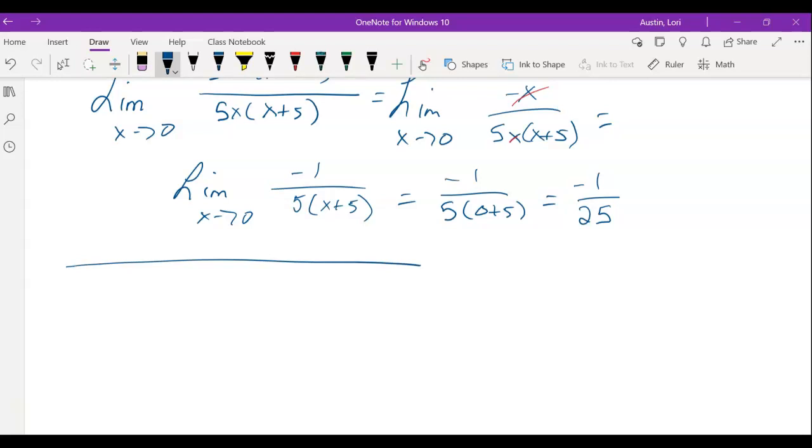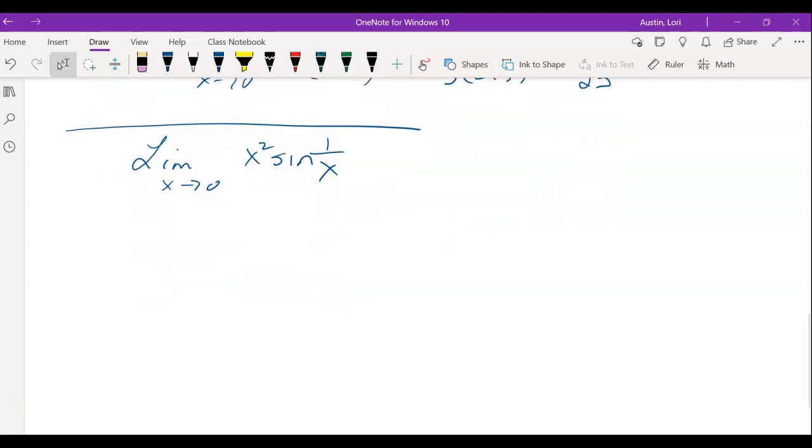And the function I want you to graph is x squared times sine of 1 over x. All right, so I'll write it here. x squared. Okay, that's the function I want you to graph.